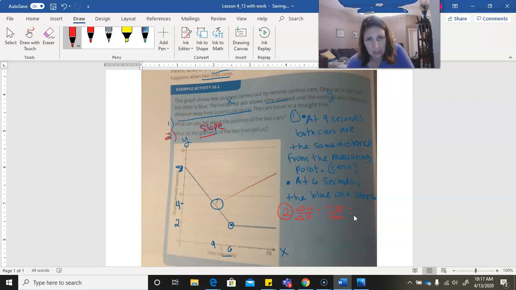I actually am going to start with, if you guys want to go ahead and try, I think I started with the red line. With the red line, what I did was I just found a couple points. I know there's a point right here, and it looks like that point is going to be 0, 2.